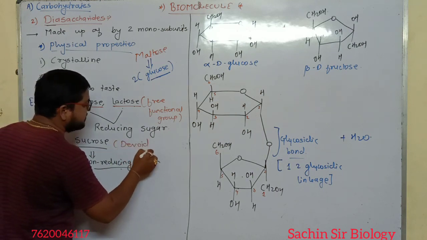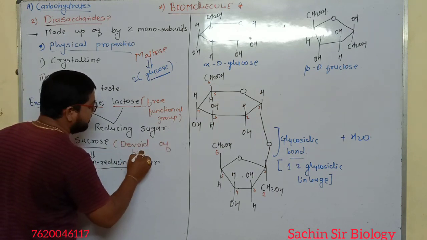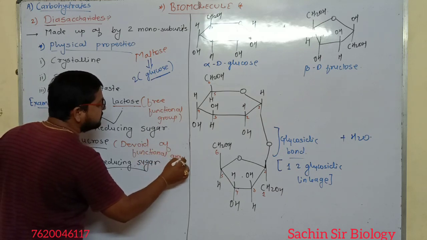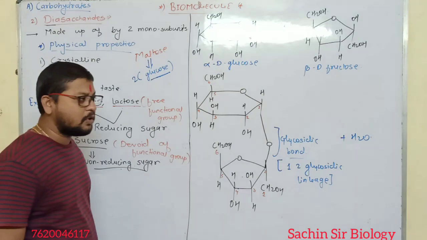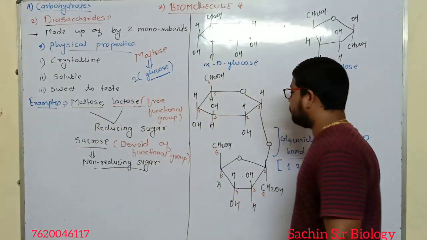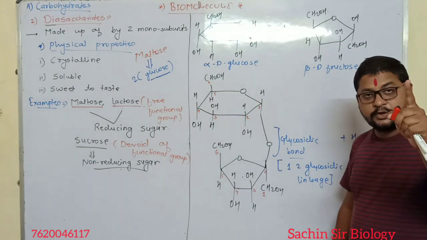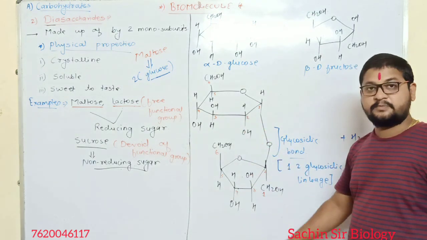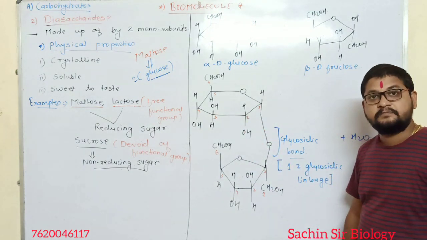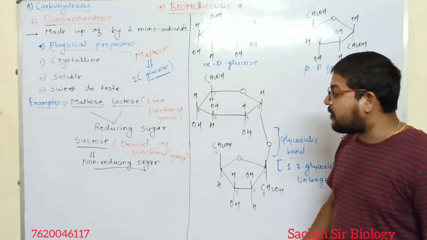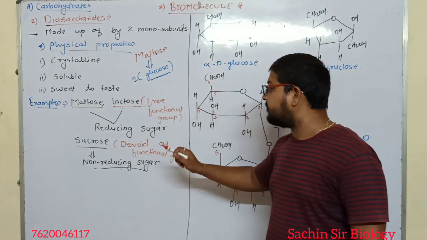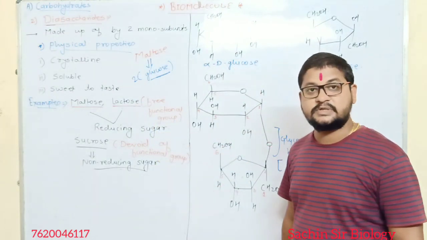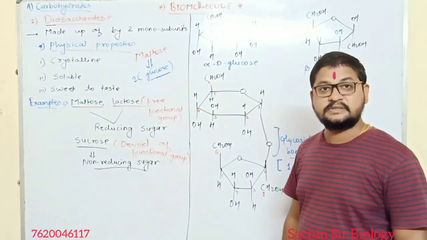That is, no free functional group is present in sucrose. That's why sucrose is called a non-reducing sugar. And understand, this is an important checkpoint. The question may ask why sucrose is called a non-reducing sugar, and why maltose and lactose are called reducing sugars. And you get the answer.